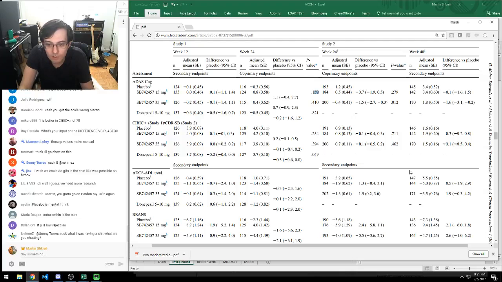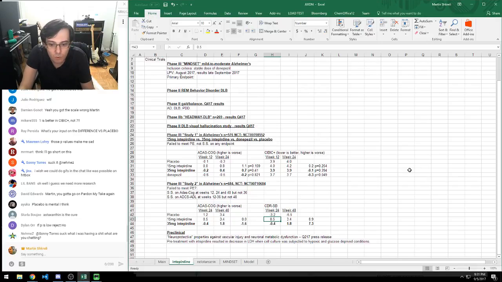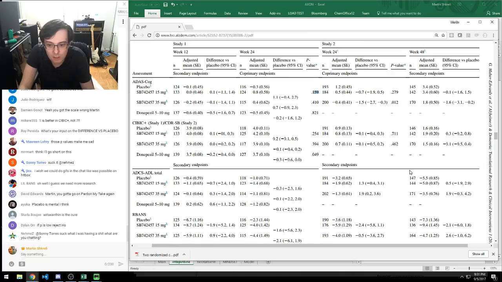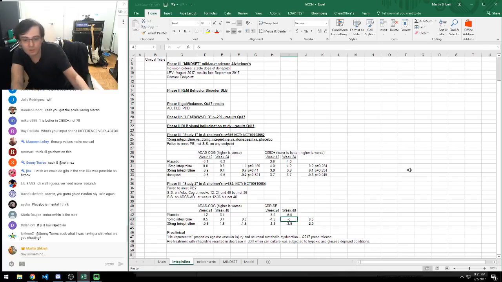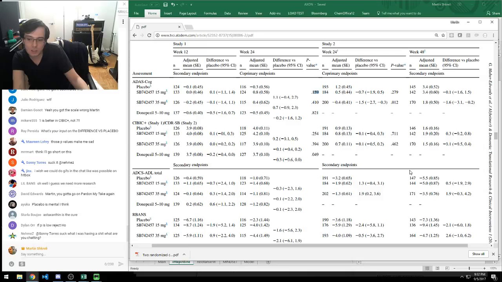And here you have minus 1.9 for 15 mgs and minus 1.3, growing to minus 5 and minus 3.5. So definitely a slowdown. It looks like a slowdown in the progression.